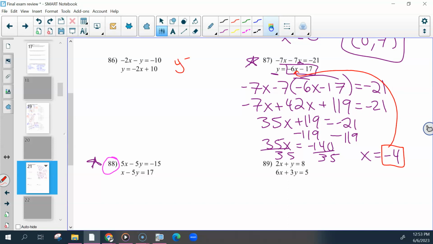So we have y equals negative 6 times negative 4 minus 17. Then you could use that, find your y value. And write those as an ordered pair here.